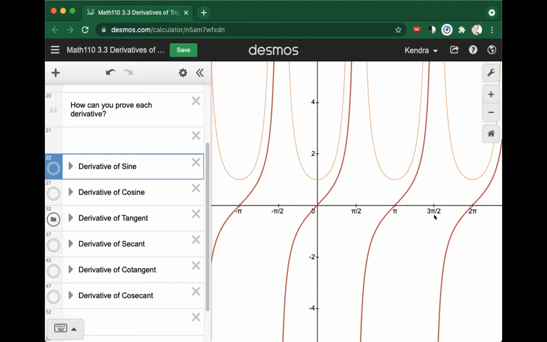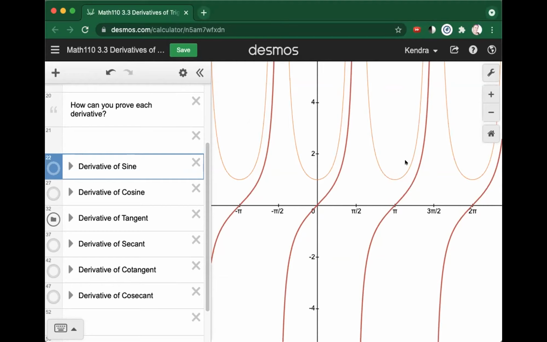That's where the tangent function is not defined. Notice that the tangent function is an always increasing function, and so its derivative is always positive, okay? And the tangent function is periodic with period pi, and its derivative function is also periodic with period pi.